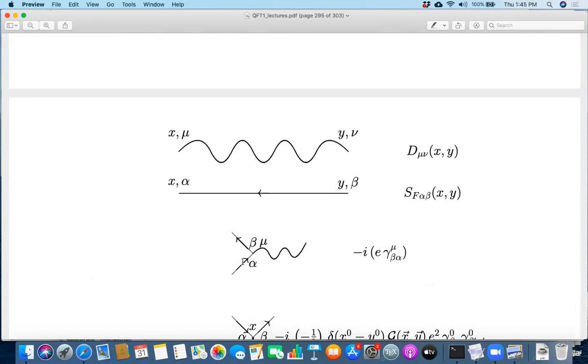The alpha index should be on the line in which the arrow is coming towards the vertex. The beta index will be on the line in which the arrow is going away from the vertex. Because beta refers to psi bar and alpha refers to psi, it's gamma mu beta alpha. That's the expression for this vertex. So if you see this vertex in a Feynman diagram, you know the expression that you have to write for this is this. And if you see these propagators, the expression that you have to write for these is these or these.